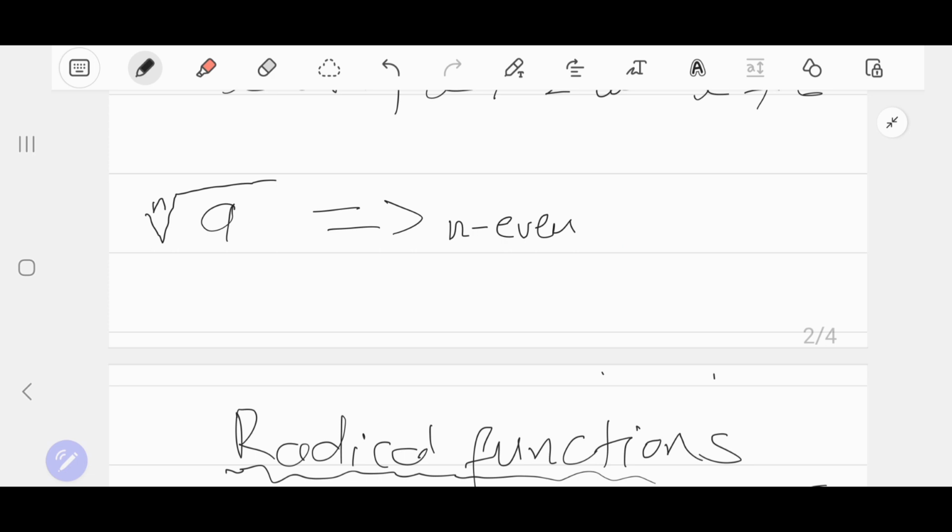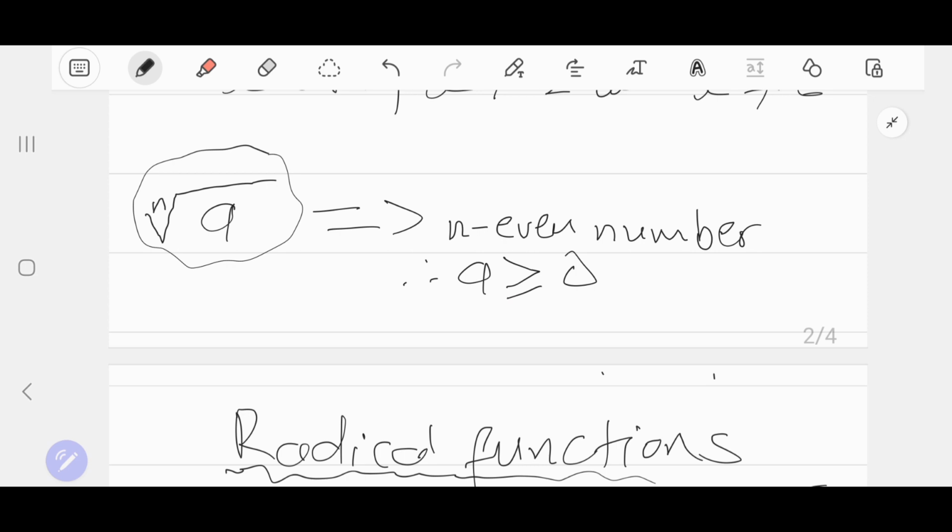When I'm saying n is even, I'm talking about your 2, 4, 6, 8, 10, and going on, people. If your n is an even number, then for this thing to make sense, your a needs to be greater than or equal to 0. Write it down. It's very important.